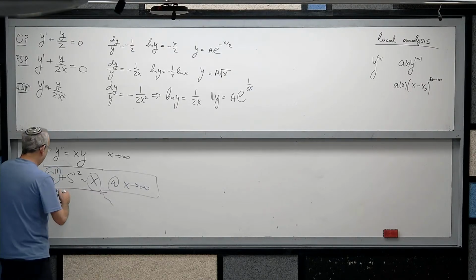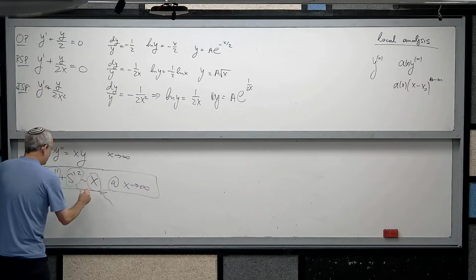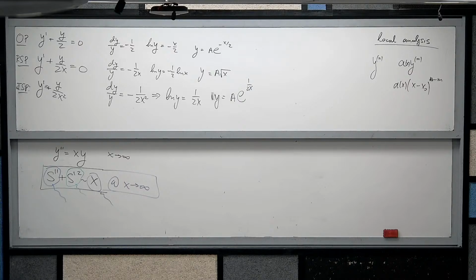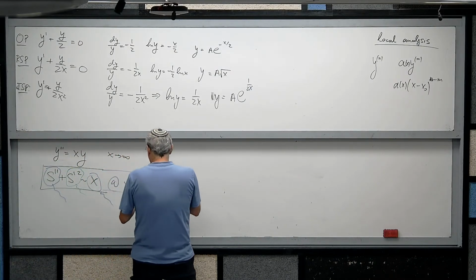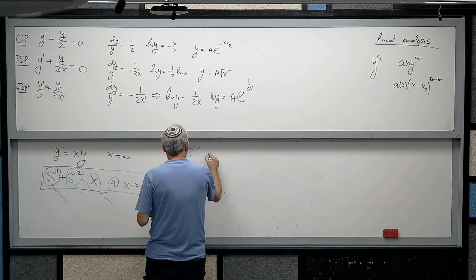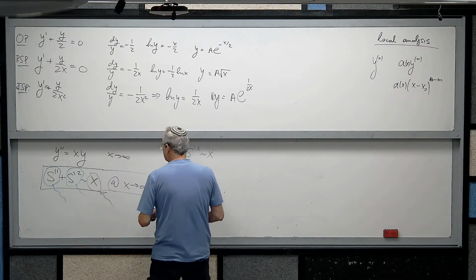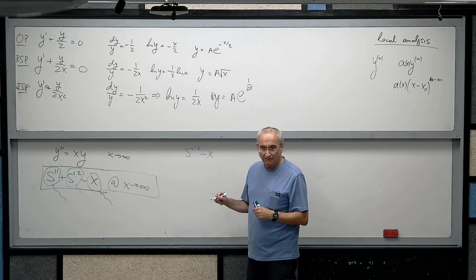And we may believe that this term is negligible, which is the green strategy. The blue strategy implies s double prime is asymptotic to x, and s prime squared is negligible.